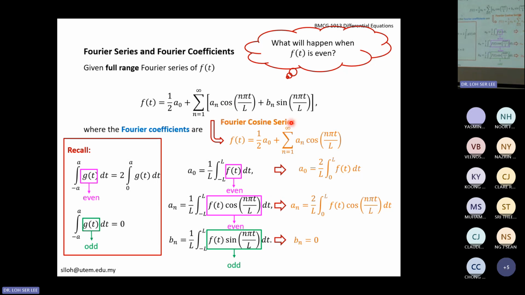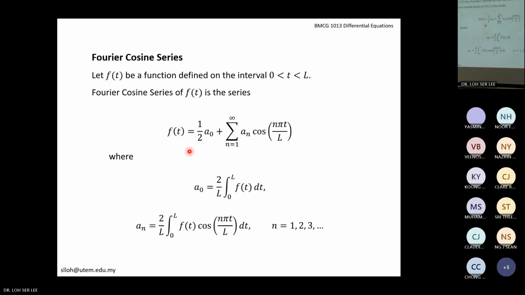But of course, if you want to use the full range Fourier series to get the answer, no problem. You will get the same answer, but when you compute Bn, at the end your Bn is 0. So this is the new formula, called the Fourier cosine series, where we just need to find A0 and An.